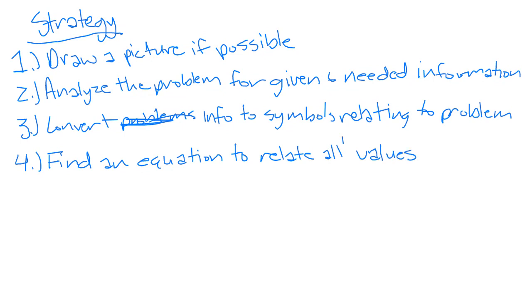I'm going to put a little star by all because sometimes they will give us information that we don't actually need. But usually this helps us get an idea of what equation we can use where we have only one thing to solve for, essentially.